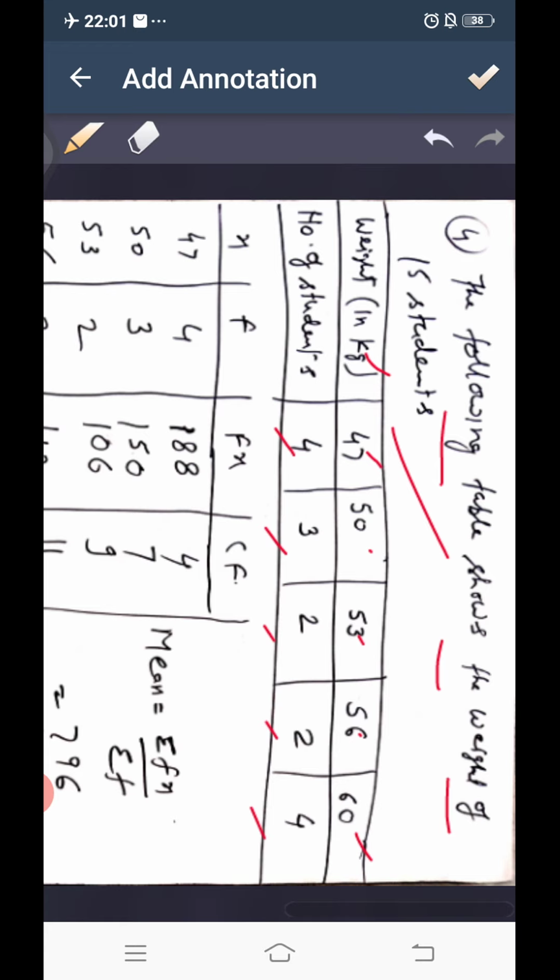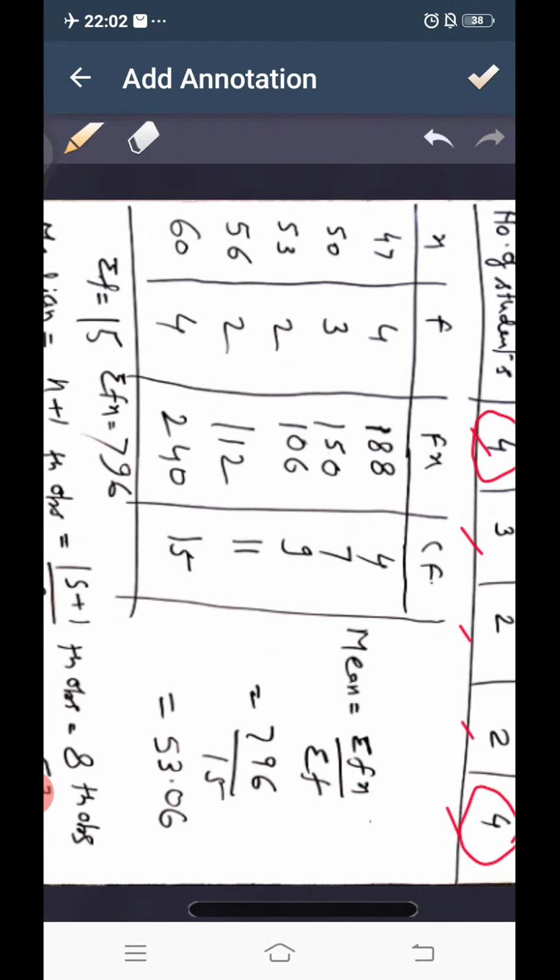Mean and median we can easily find out, but for mode we need the variate with maximum frequency. We can see here 47 has frequency 4 and 60 has frequency 4. Now straight away we cannot decide the mode. So first of all we will have to find mean and median.